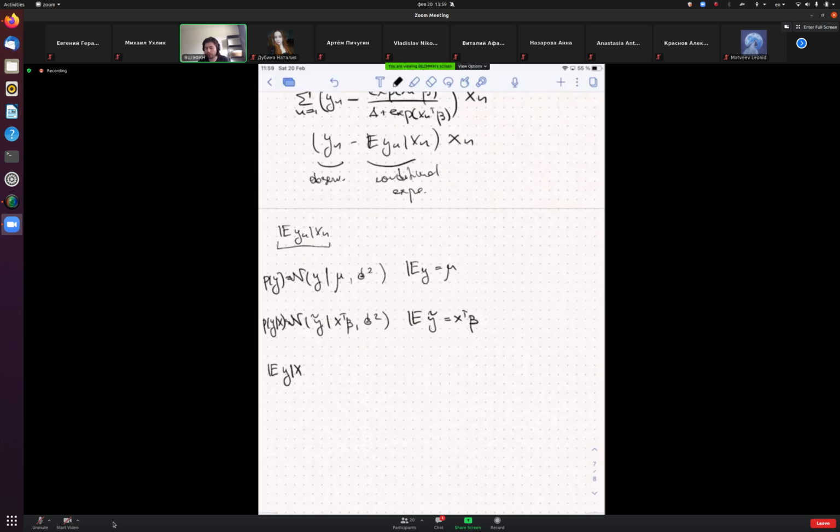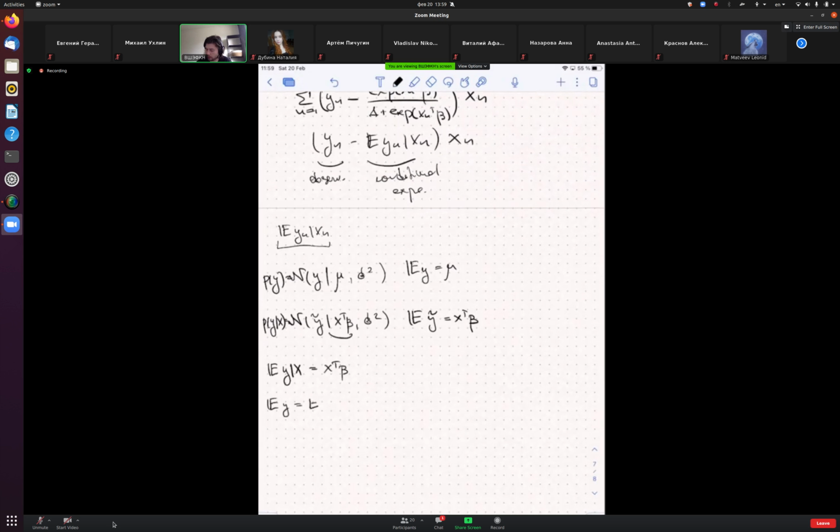It's a conditional expectation, and it will be x transpose beta. Then we could ask what the expectation of y as a whole is.